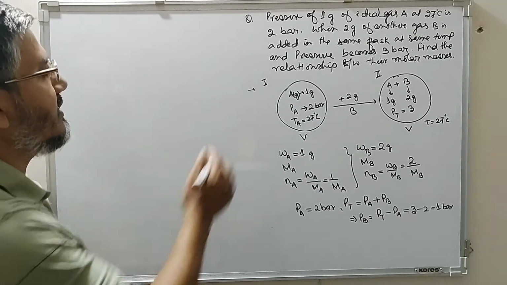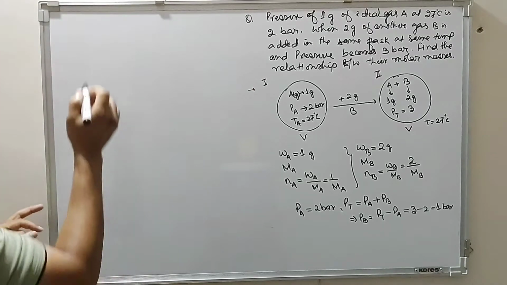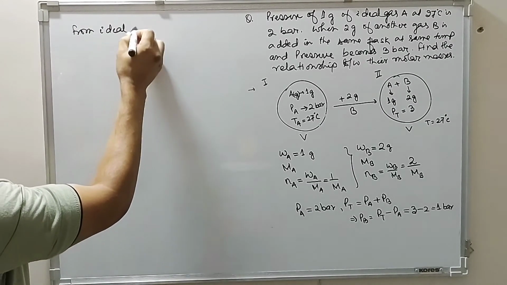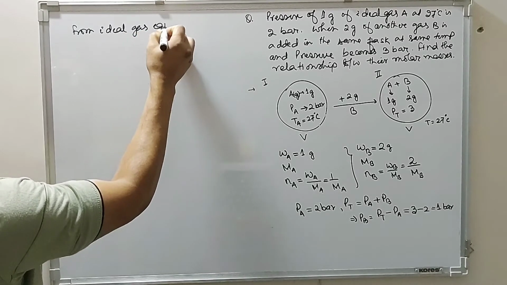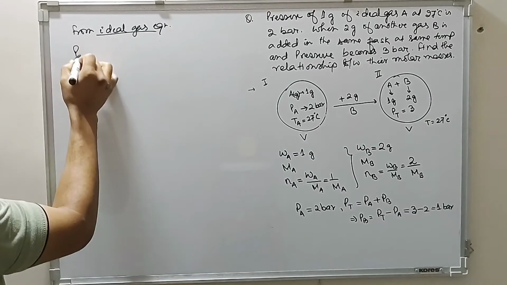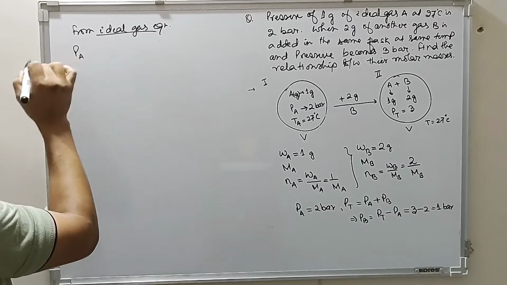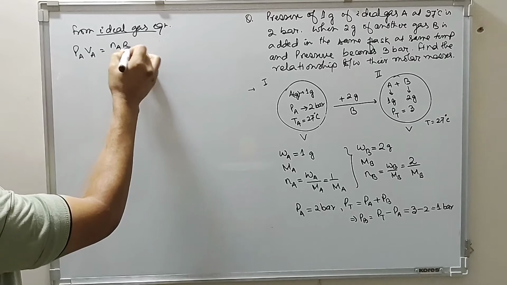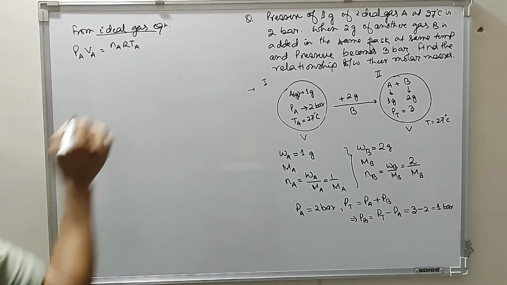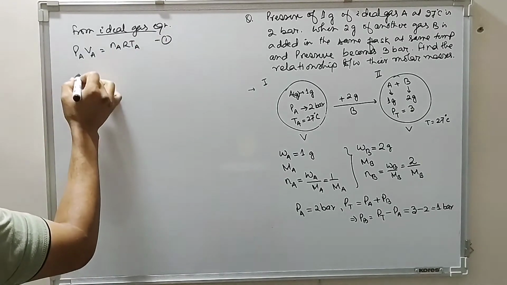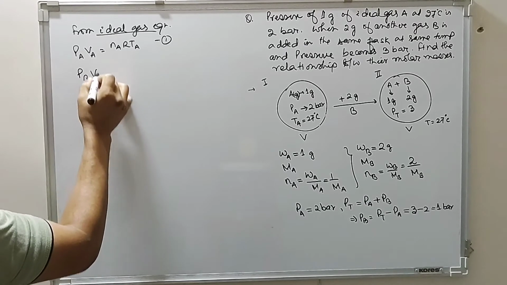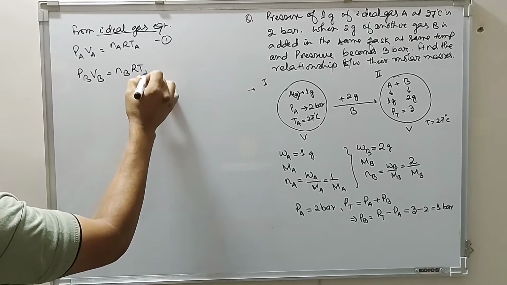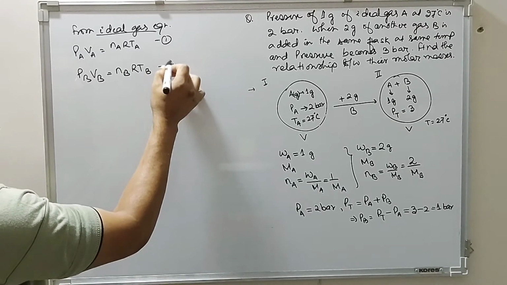Now we can use the ideal gas equation. From the ideal gas equation we say PA VA is equal to nA R TA, that is equation 1. Similarly PB into VB is equal to nB R TB.